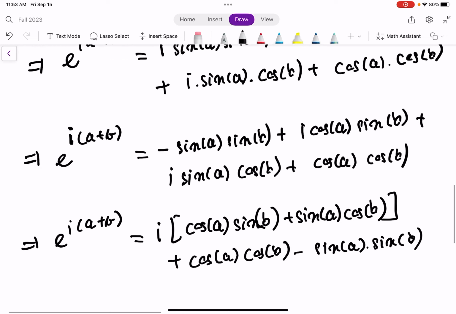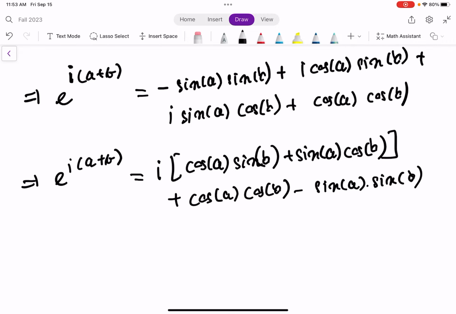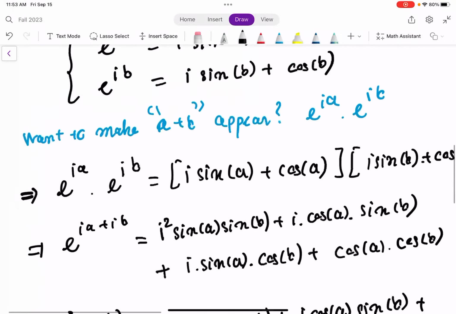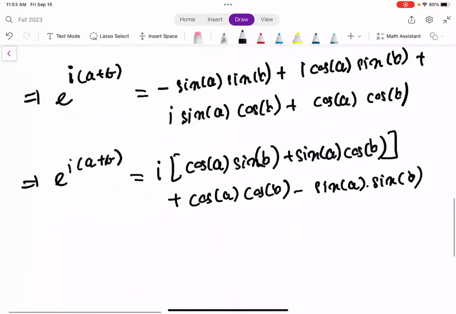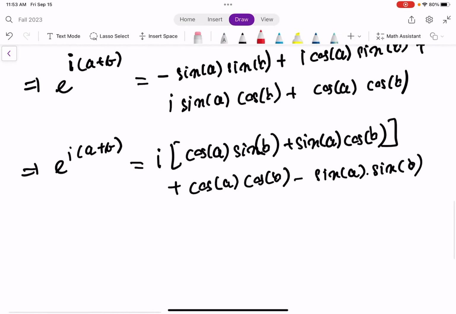After that, what I noticed is this. You recall the definition of the formula: e to the power of i times something is i times sine of that thing plus cosine of that thing. In this case, we have e to the power of i times a plus b.